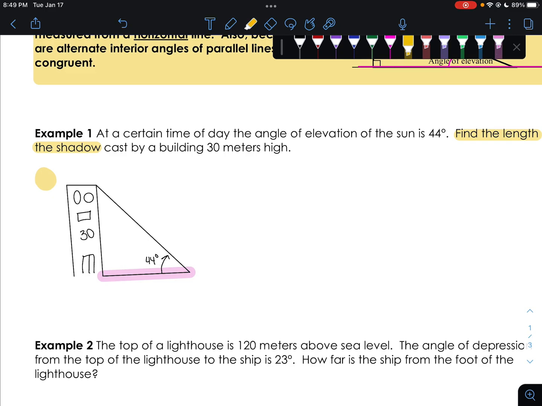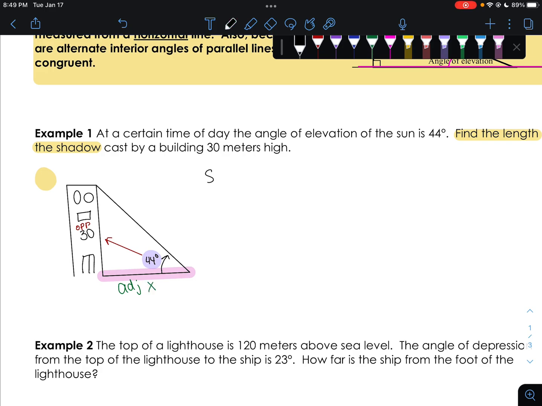So I know I have my angle, 44 degrees. Let me switch up my colors. I know that the opposite side is 30, and I want to find this adjacent side right here, which is the length of the shadow.